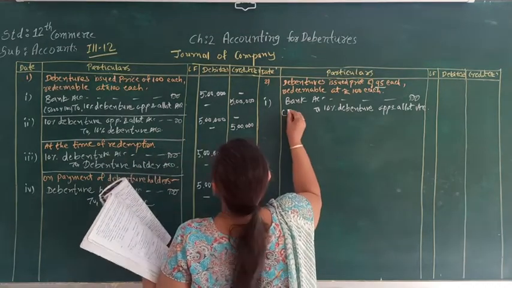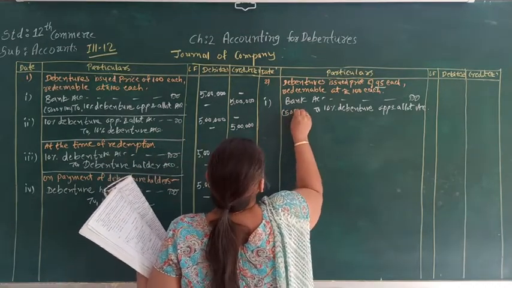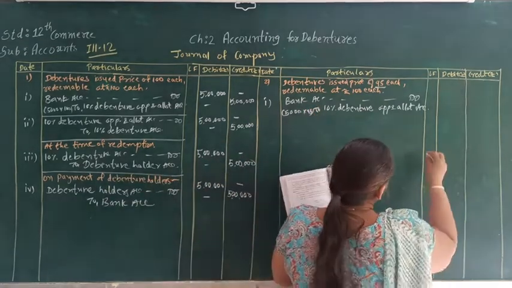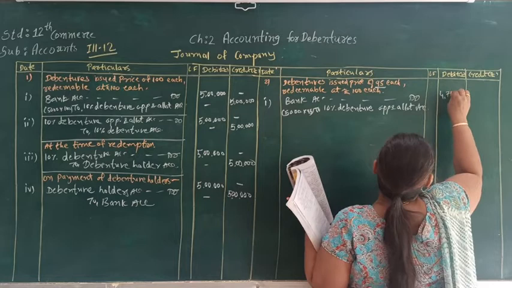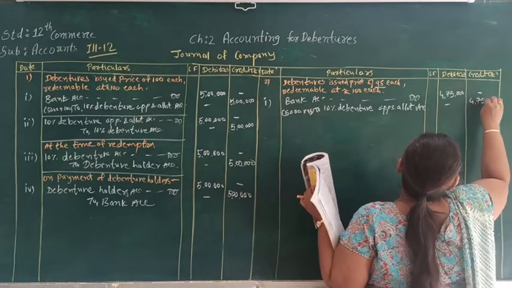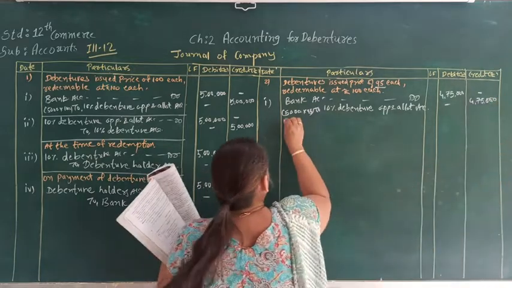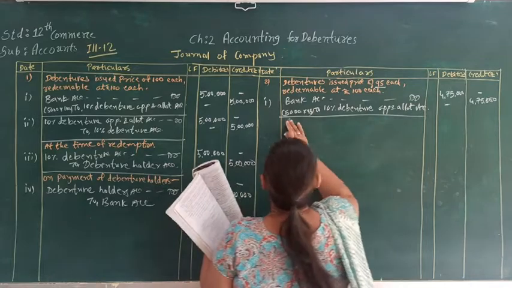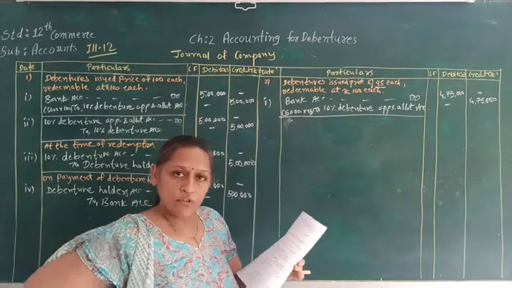That will be 5,000 into 95, so the amount that we are going to get in the bank will be 4,75,000. Here they have asked us not to write the narration, so we are not going to write it.